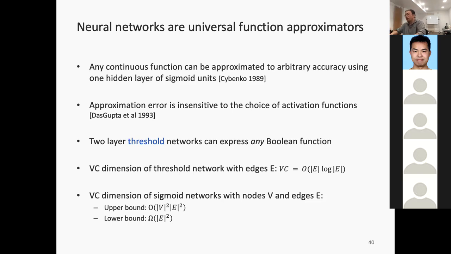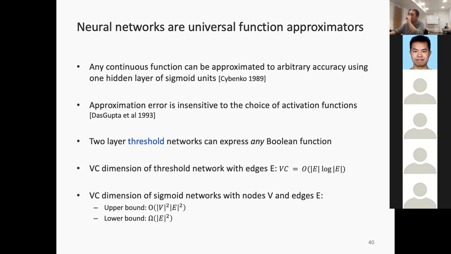So here are a few results about the VC dimension. This is the VC dimension for threshold networks, and this is the VC dimension for sigmoid networks. This is the upper bound, lower bound. But anyway, you can see that this VC dimension is related to the size of the network. This absolute value means the number of edges. So from the result you can see that the larger the network, the more edges, the more expressive the network.